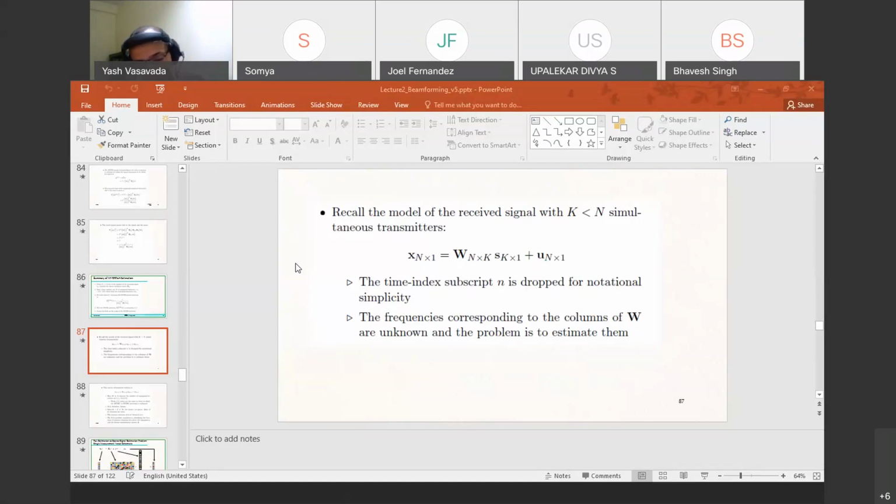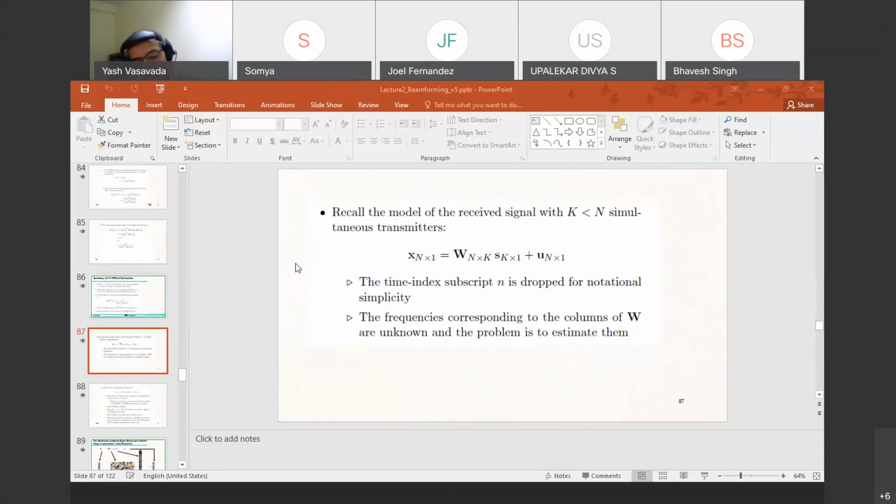And the final solution of MVDR is also somewhat like the MUSIC algorithm. In MUSIC, we have V times V Hermitian in the denominator, where V is the matrix whose columns are the vectors of the noise subspace. Instead of that, in the MVDR, that V times V Hermitian is replaced by RXX inverse.